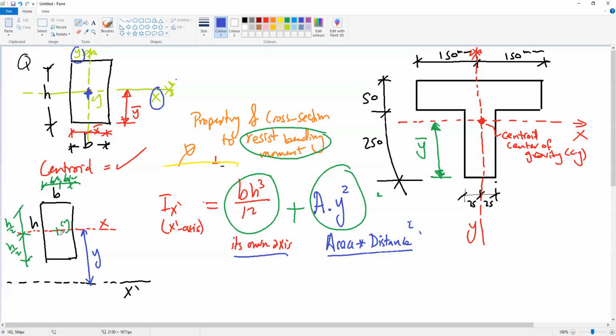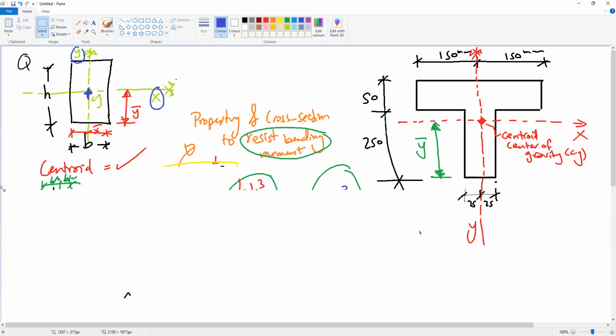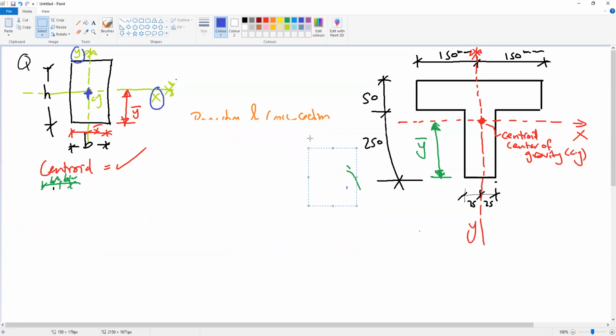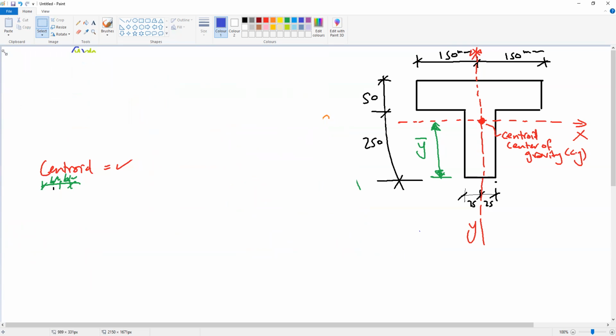Now, if we go back to our cross section, the T section, this was just some explanation of what we need to know in this type of example.